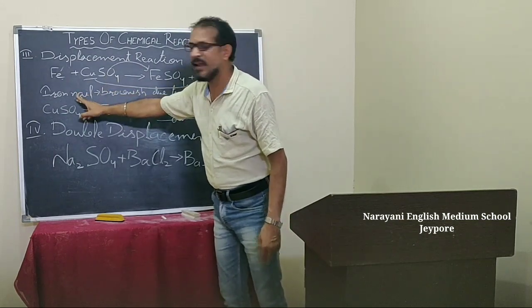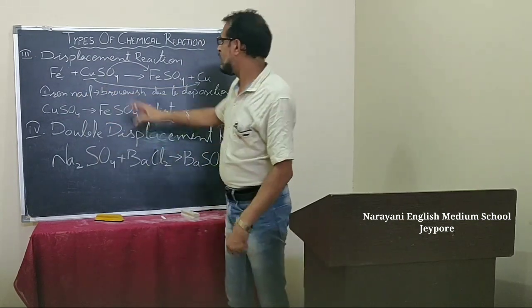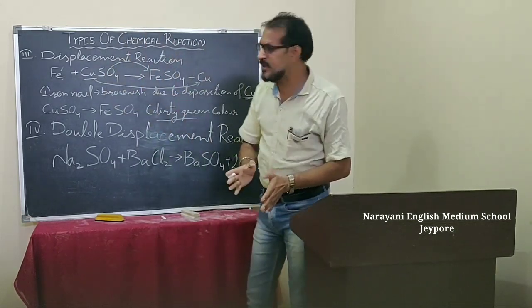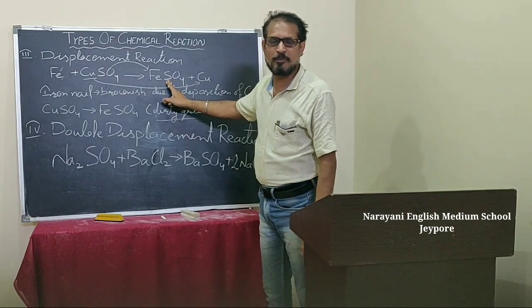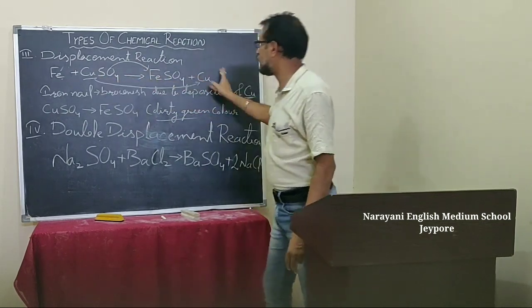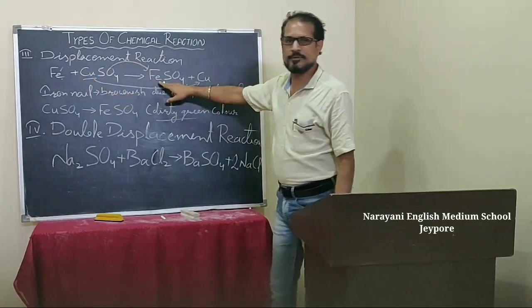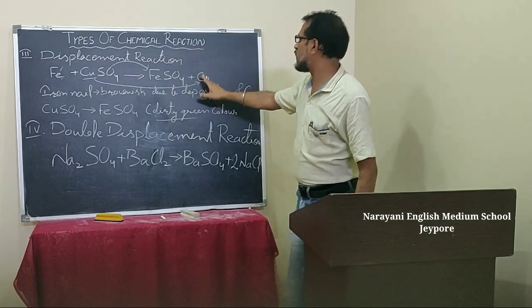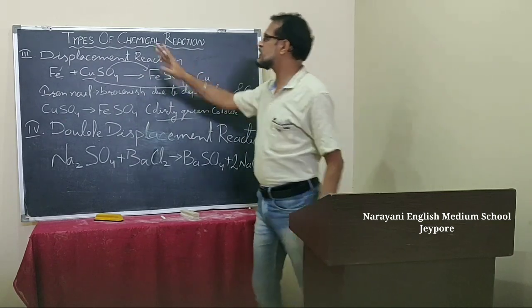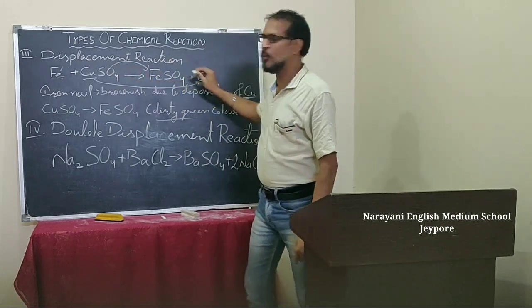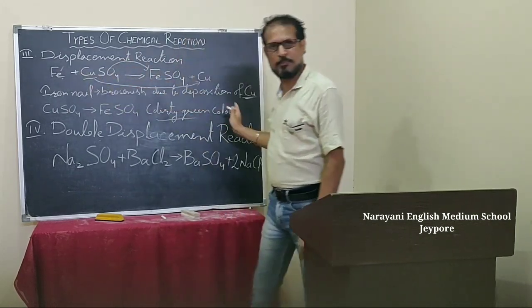When we dip an iron nail in copper sulfate, the reaction took place and copper sulfate became iron sulfate. Right? So copper moved out, iron moved in. So iron displaced copper. This is displacement reaction. This is single displacement, only iron displaced copper.